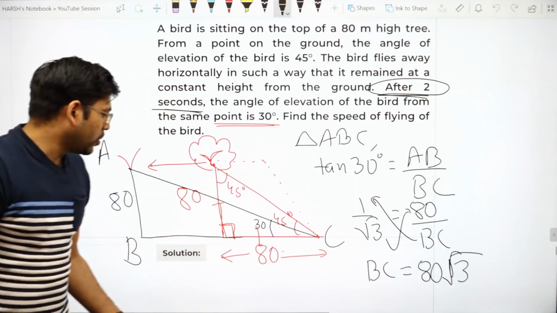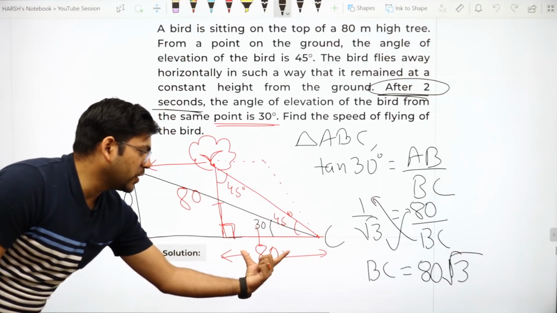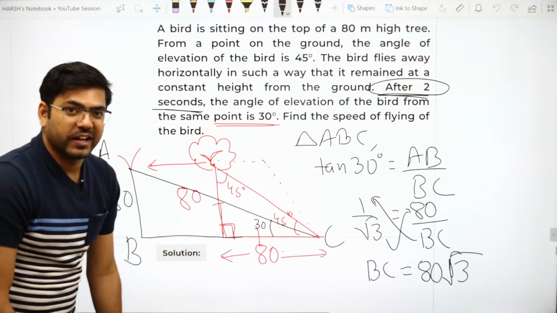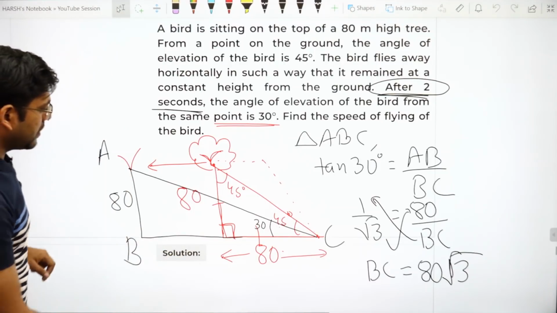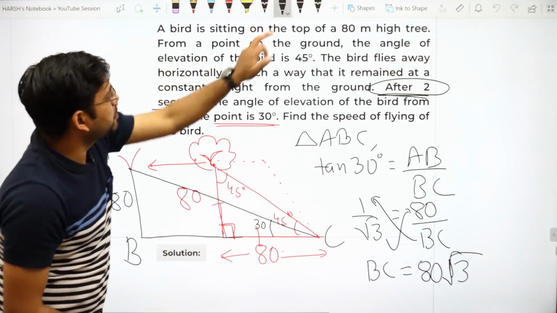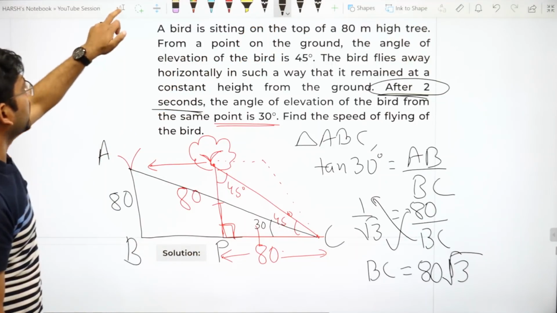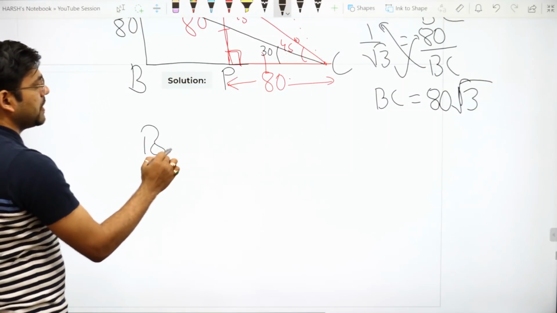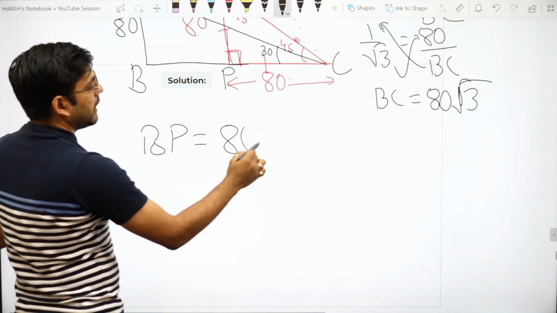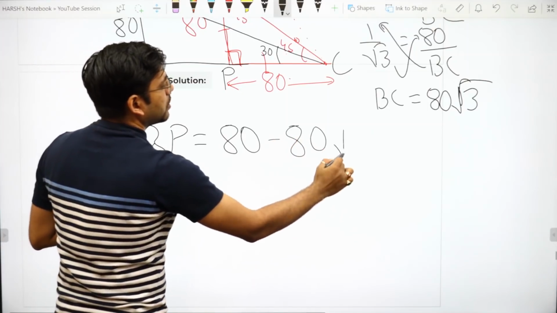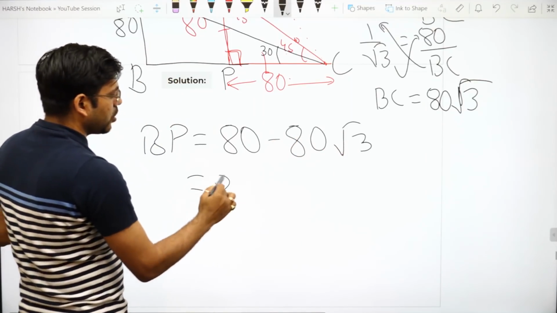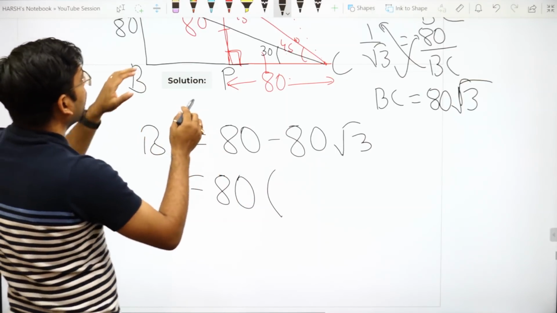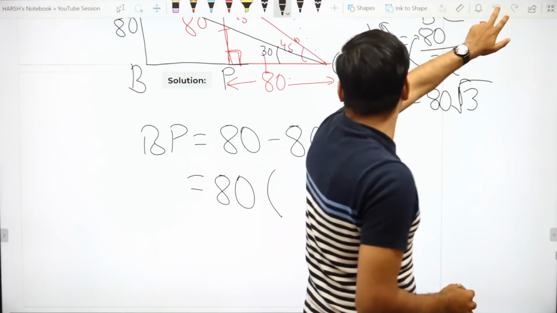So BC has the value of 80 root 3 and this value is 80. So from this BC, you need to subtract this much, 80. So what we will be getting, let's say this point as P. So I am writing here that this BP is equal to 80 minus 80 root 3 and then taking 80 common. Sorry. Okay, I wrote opposite.